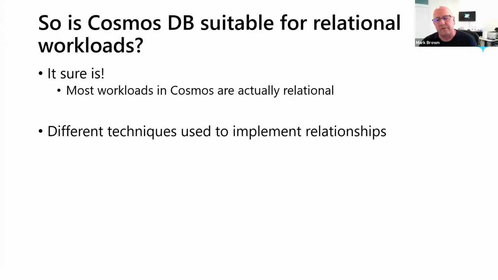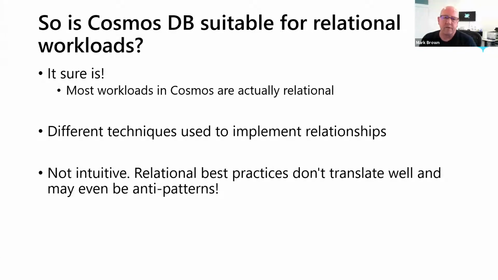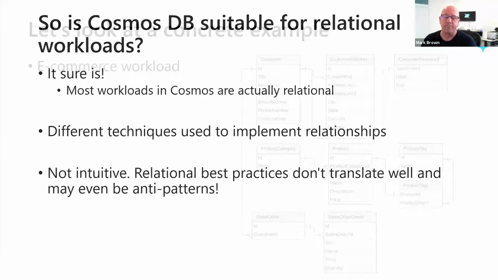The approach is very different from designing a data model for a relational database. And if you're new to this type of database, you should definitely not follow your intuitions as to how you should model and partition data in here. Best practices in the relational world don't really translate well for this type of database, and could even be anti-patterns for Cosmos DB or databases like it.